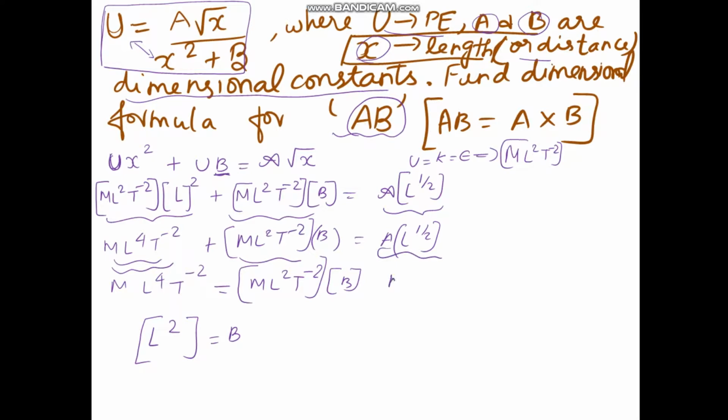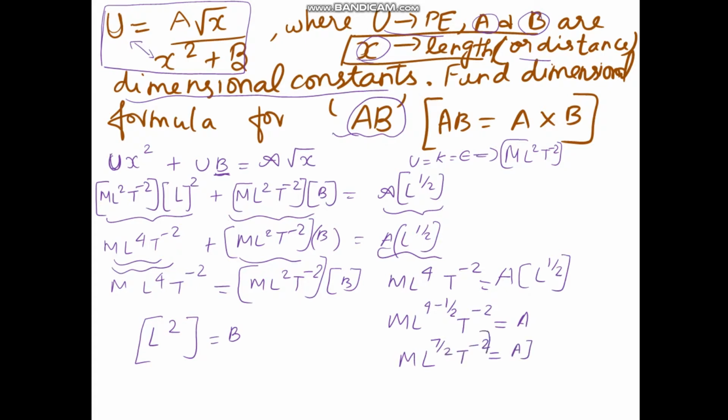M L power 4 t power minus 2 is equal to A into L power 1 by 2. So M into L power 4 minus 1 by 2 into t power minus 2 is equal to A. So M into L power 7 by 2 into t power minus 2. This is the dimensional formula for A.